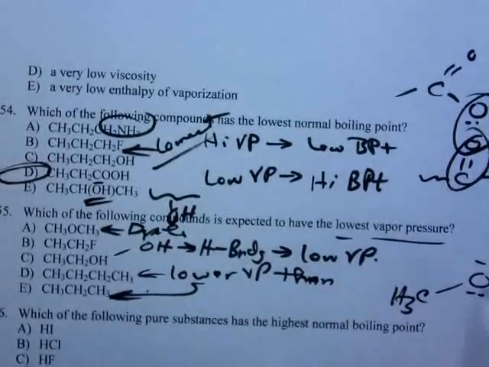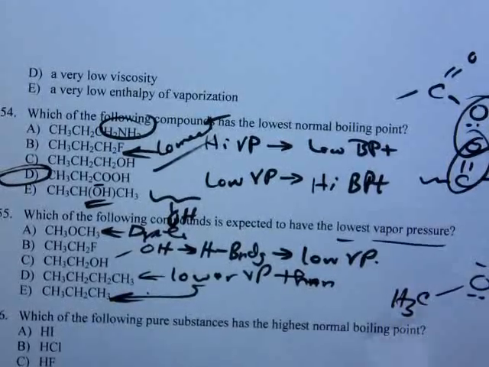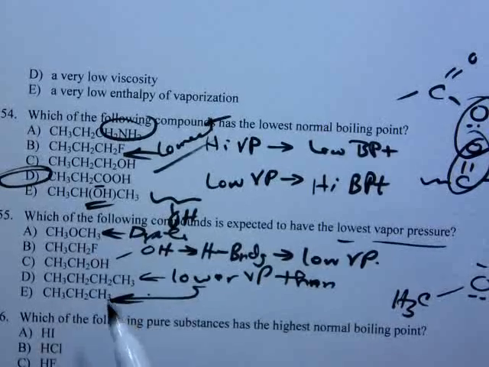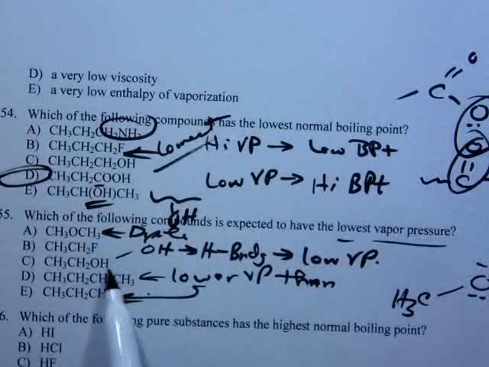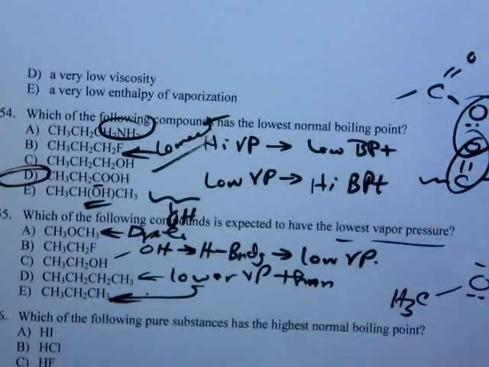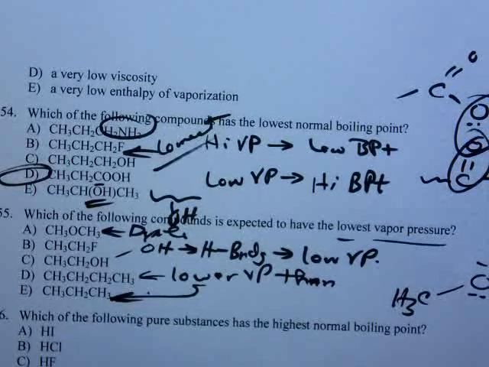It's a very, very weak dipole and evaporates very easily, but as far as the lowest vapor pressure, it would be the ethanol. And the OH is stronger. The lower the vapor pressure, the higher the boiling point, because it takes more energy to kick the molecules into the vapor stage because they're held in the liquid.